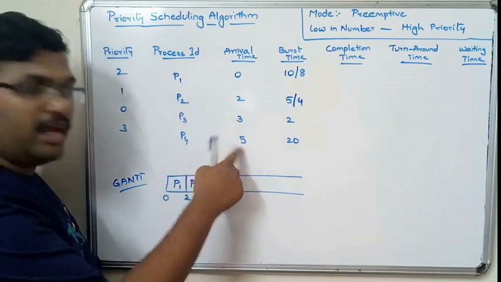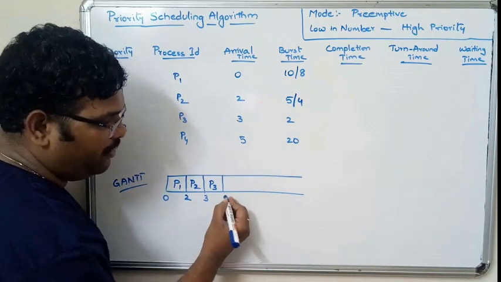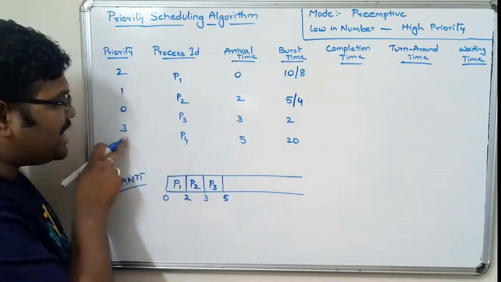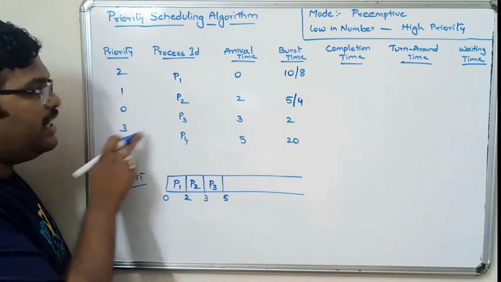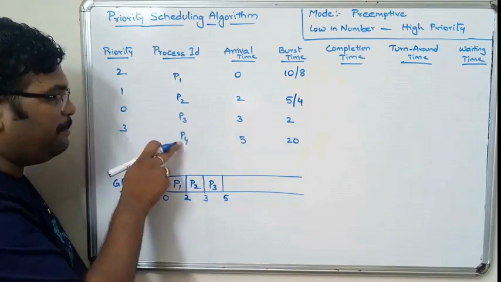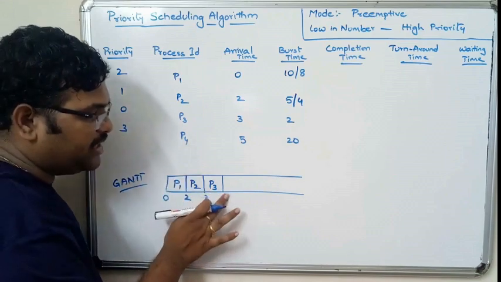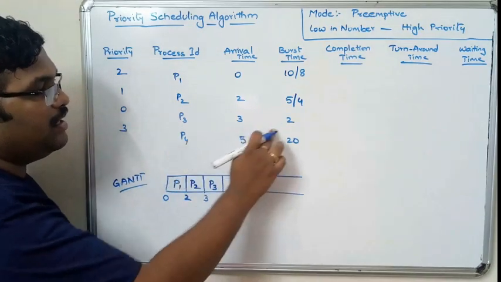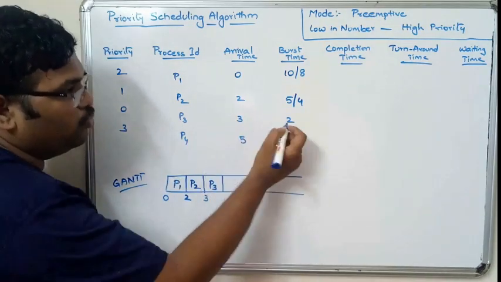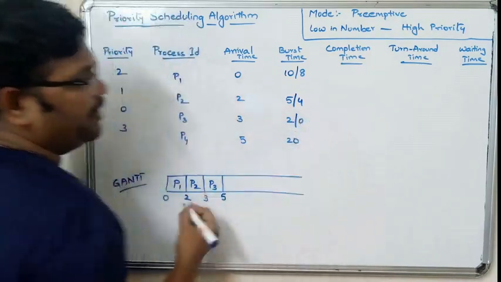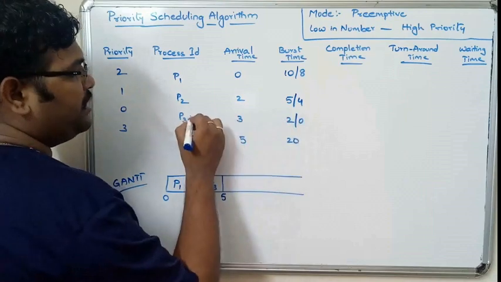At the time of 5, one more process is available, P4, which is having the low priority than P3. So P3 continues its execution until it completes. So P3 means 2, that means 5. At the time of 5, it's completed, right?